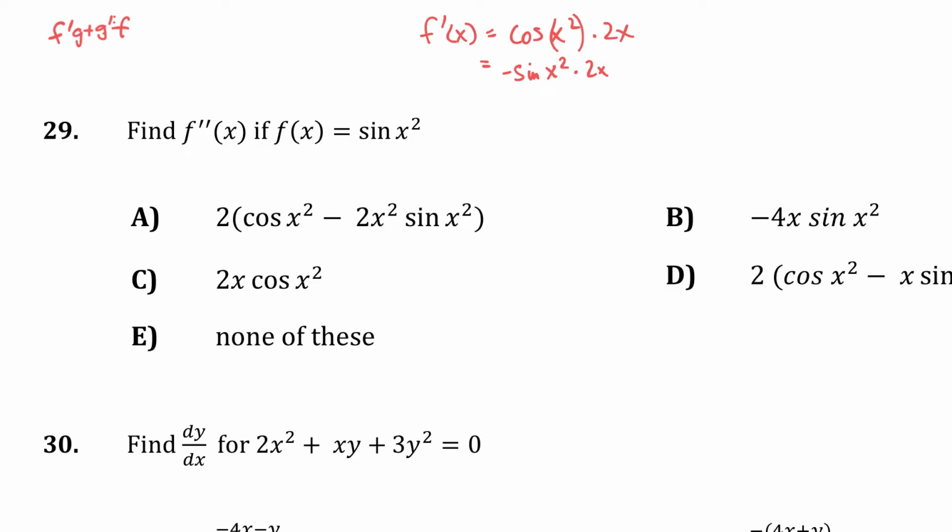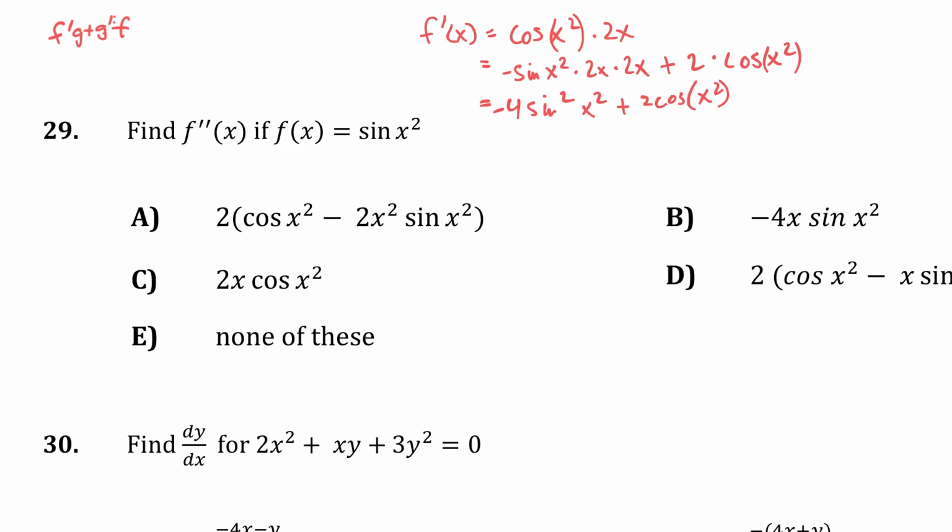So it's f prime g times 2x, that's the g, plus g prime 2 times f, which is times the cosine of x squared. Boom, boom. And let's see, what do we have here? We have, what, negative 4 sine squared x squared plus 2 cosine x squared.